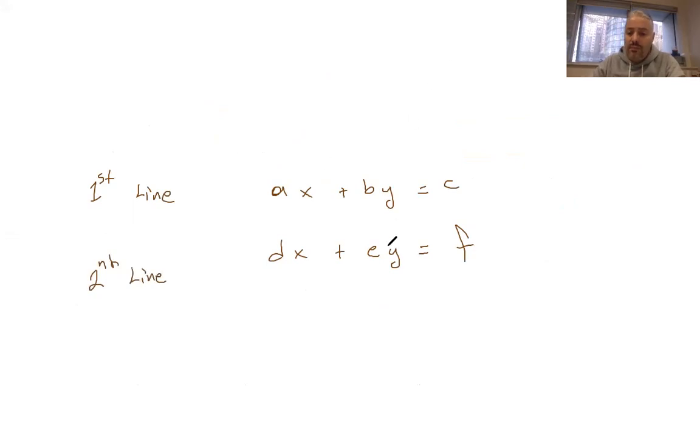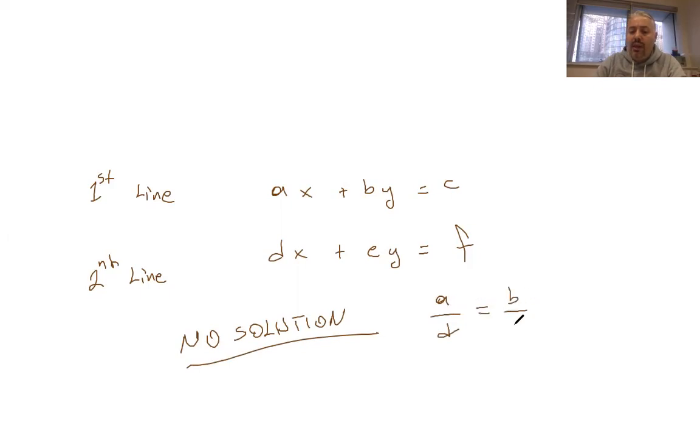Okay. If we want to formalize, no solution means a over d equals b over e, but this is different from c over f. It means that there is no solution. Okay, am I clear? For example, 2x plus 4y is equal to 6, and then let's say 2x plus 4y is equal to 10.